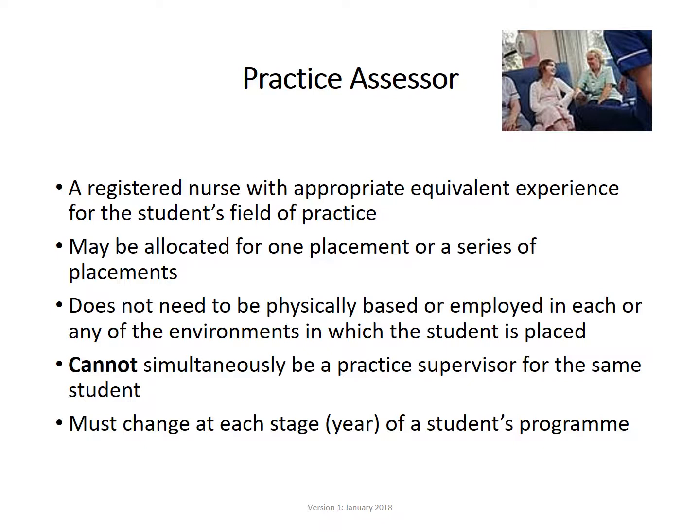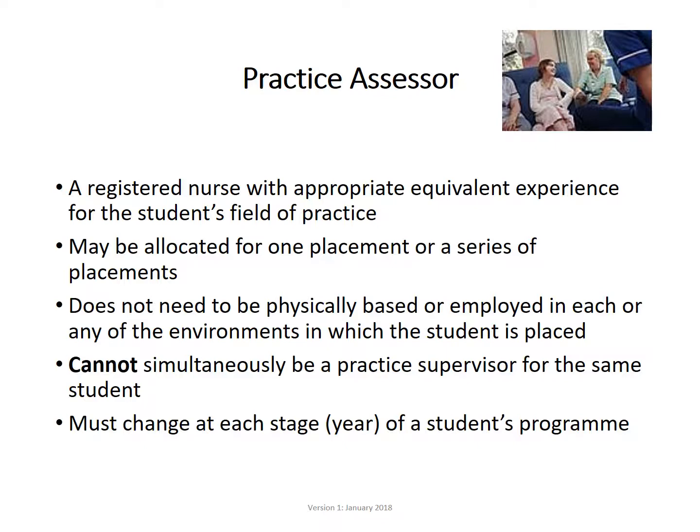If I'm practice assessor for student nurse Jones, I won't be her practice supervisor, which means I won't work with her regularly, but I could be a practice assessor for student nurse Jones and a supervisor for student nurses Bloggs, Smith and whoever else.